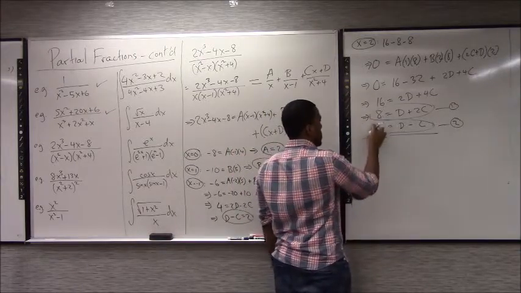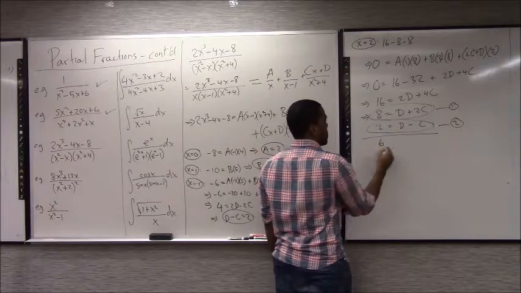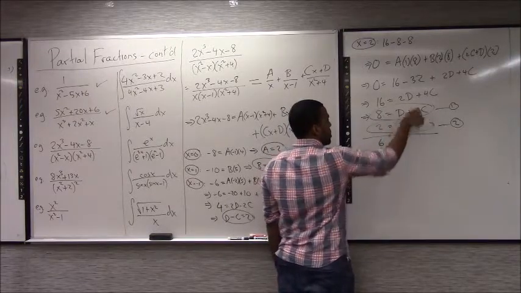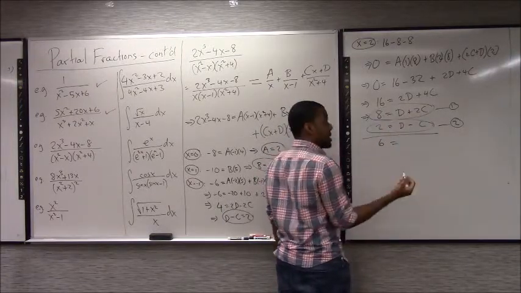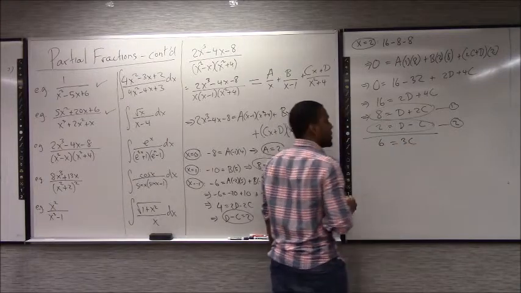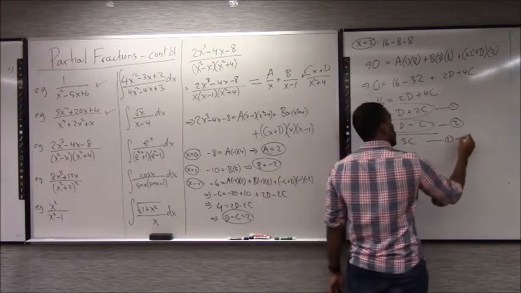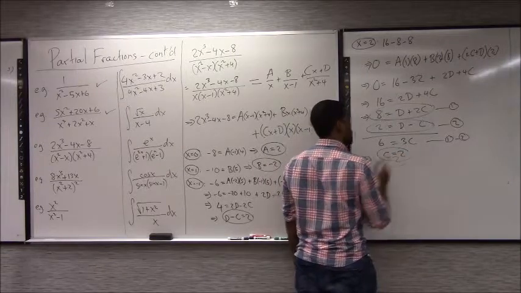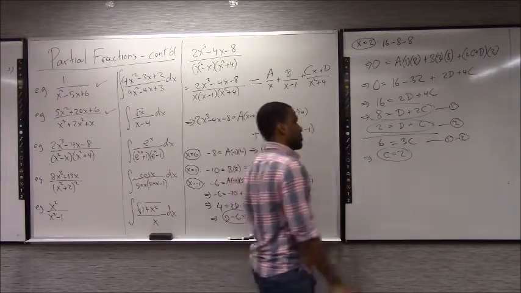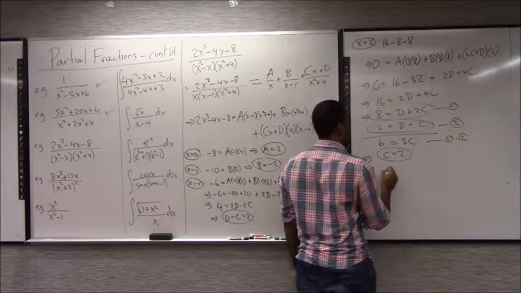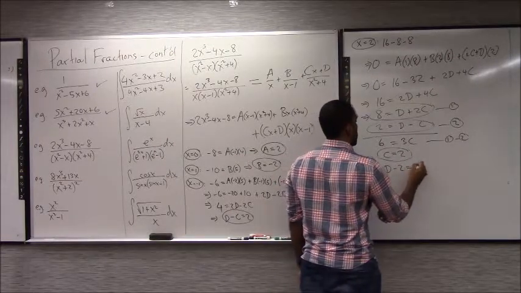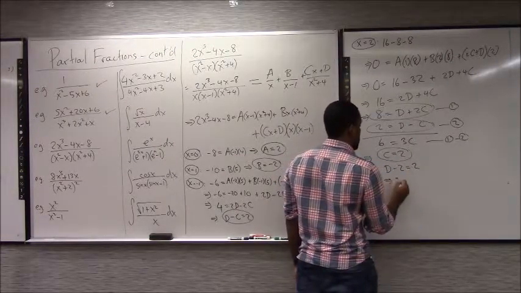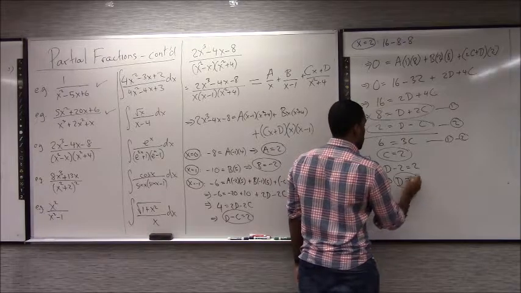So this minus this is 6, d minus d is 0, 2c minus minus c would give me 3c. This is equation 1 minus equation 2. This would mean that my c is equal to 2. This would mean that d minus 2 is equal to 2, which would mean my d is equal to 4.